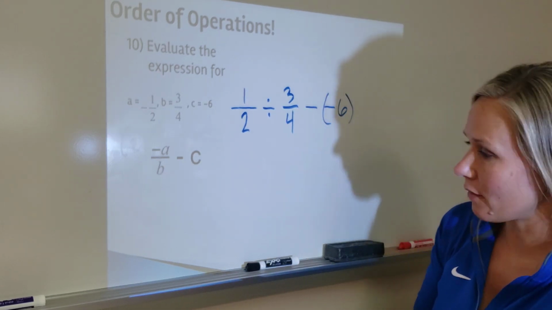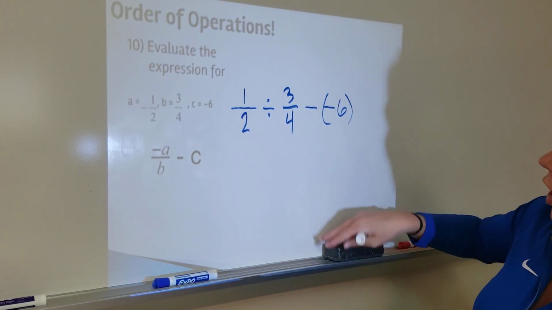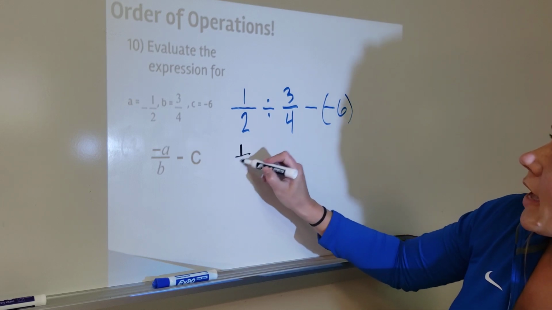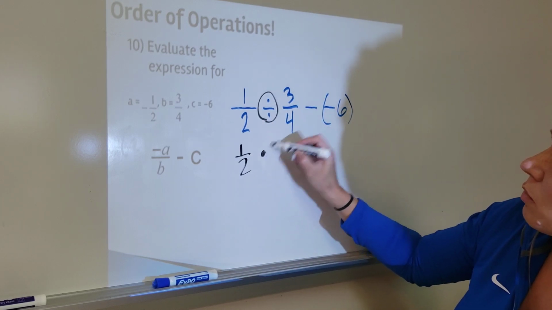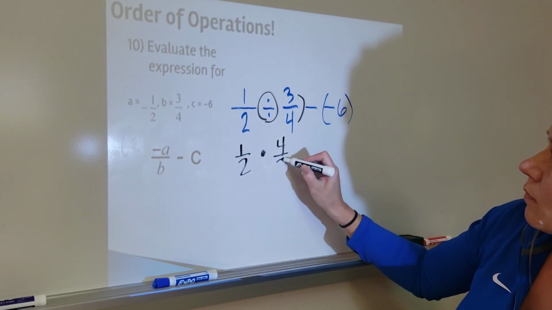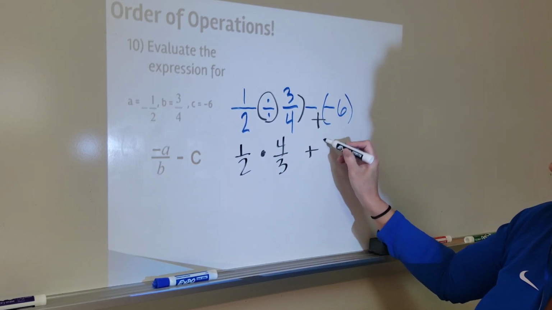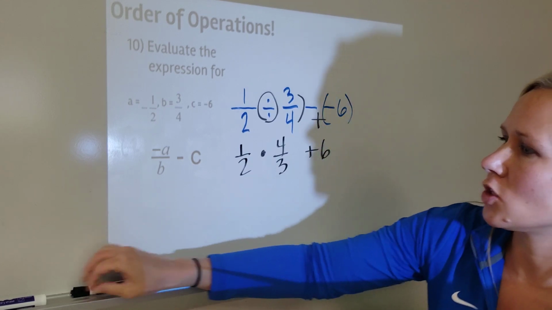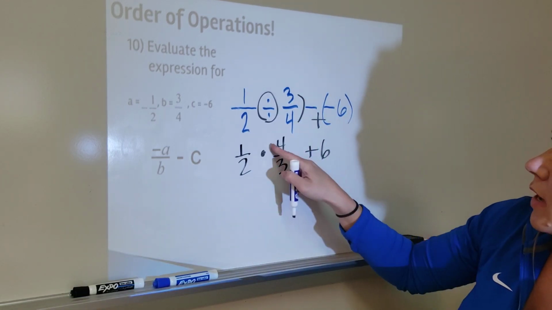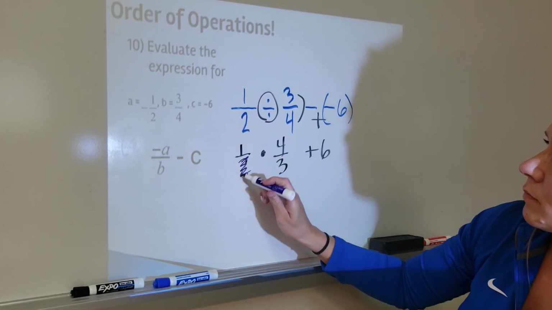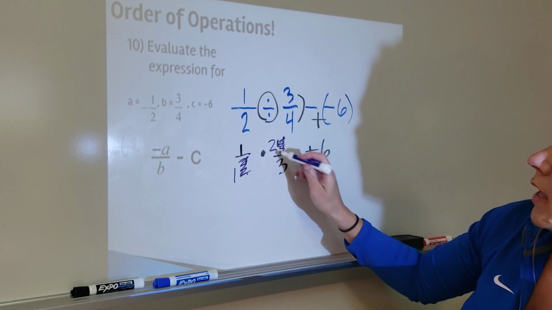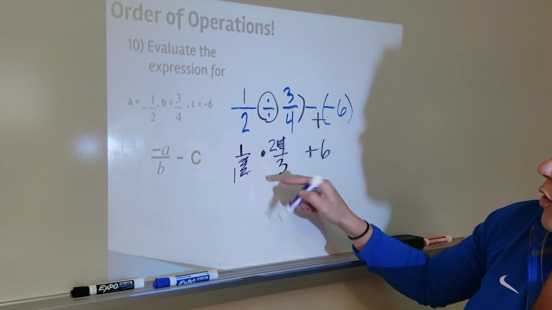Now I look like I have an order of operations problem. Let's go at it here. So I've got 1/2, change this to multiply, flip. Then right here, I could simplify this and make this add. Now I'm ready to do the multiplication. Simplify before I multiply here. Divide by 2, and I get 2/3.